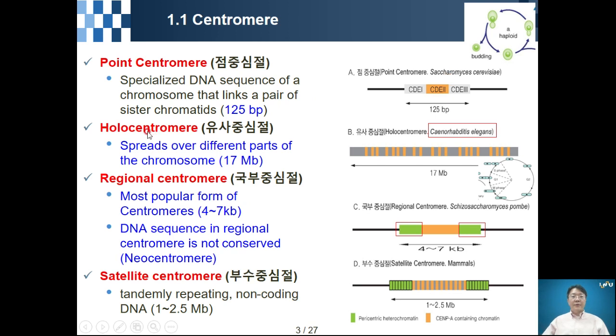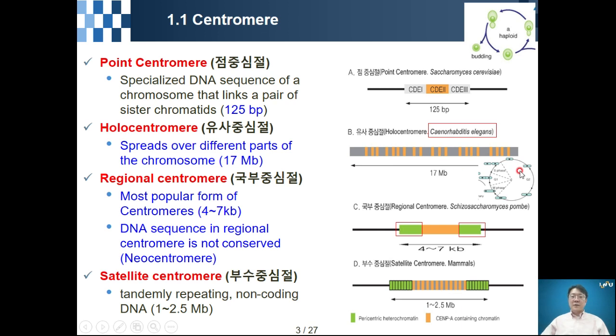How about the holocentromere? In Korean we call it 유사중심절. This is only observed in C. elegans. The holocentromere is spread over different parts of the chromosome, and its size is about 17 megabase.